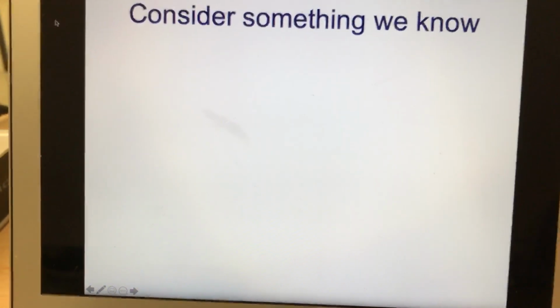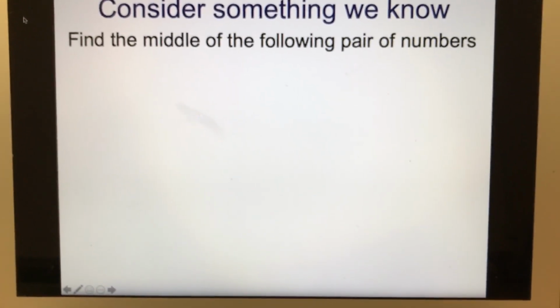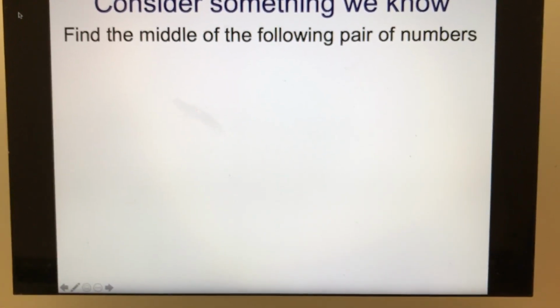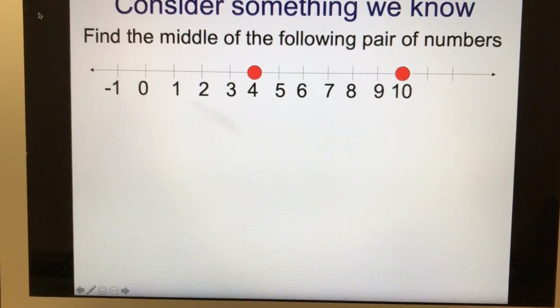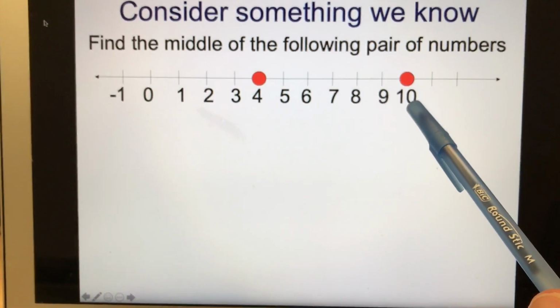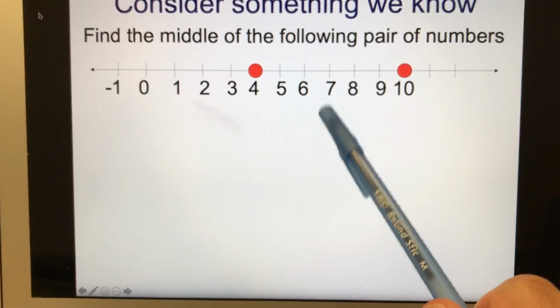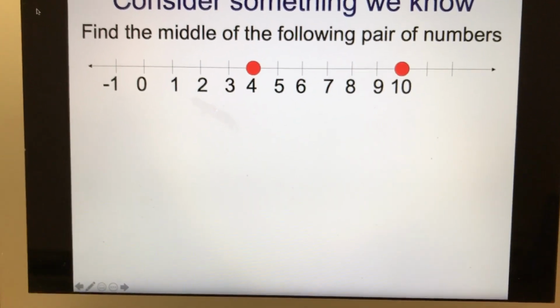We need a plan. Now we're going to go from something we know. So if I said find the middle of the following pairs of numbers, and we thought about a number line, and I put on the number 4 and the number 10, and I said, tell me the middle of that. Again, by inspection, 4, 10, the middle is number 7.